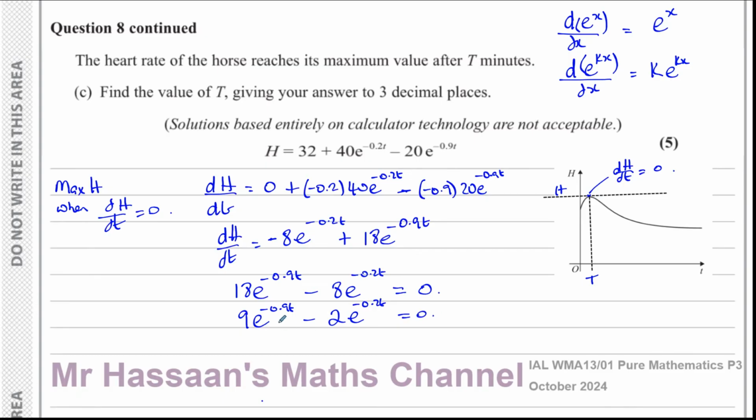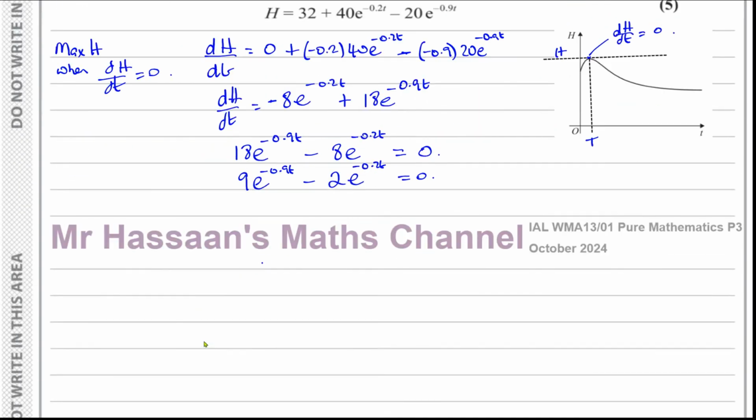And when you factorize something which is raised to a power, we normally take out the one with the lowest power. What's smaller, minus 0.9 or minus 0.2? It's minus 0.9.